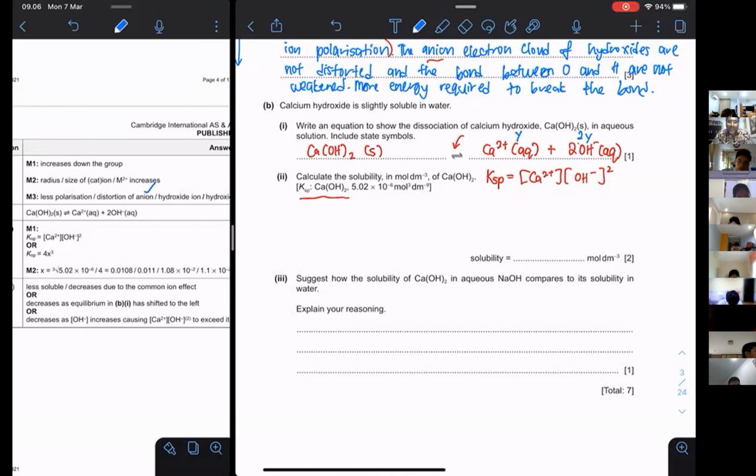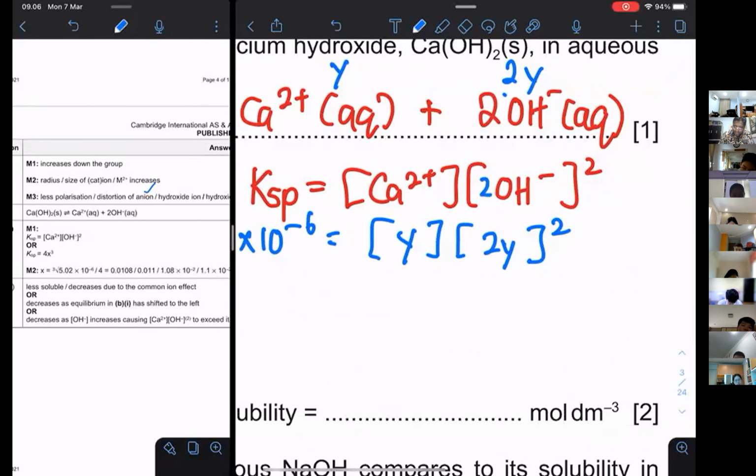To calculate the solubility, I use 5.02 times 10 negative 6 equals the concentration of Ca2+, which is Y, and then the OH minus is 2Y. So I write bracket 2Y, and that value is to the power of 2. Do remember this, we don't write this one as 2 over here. Please take note.